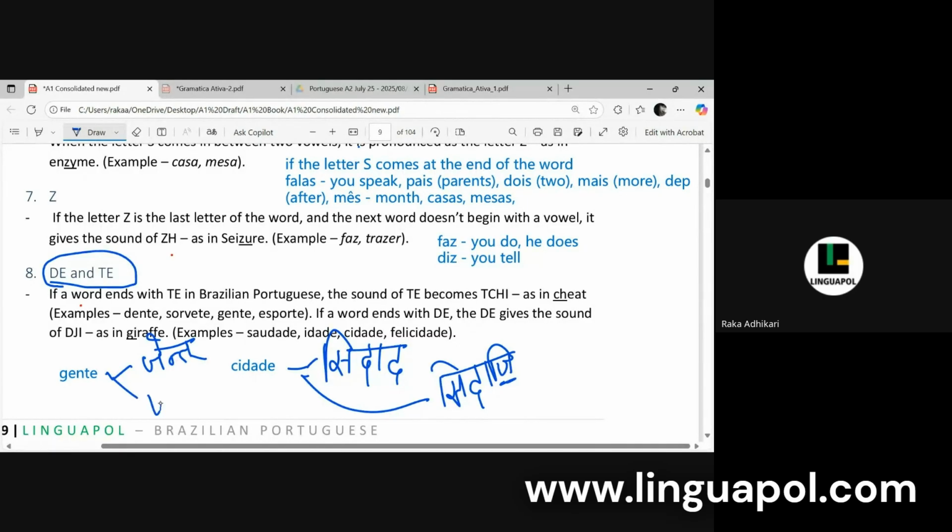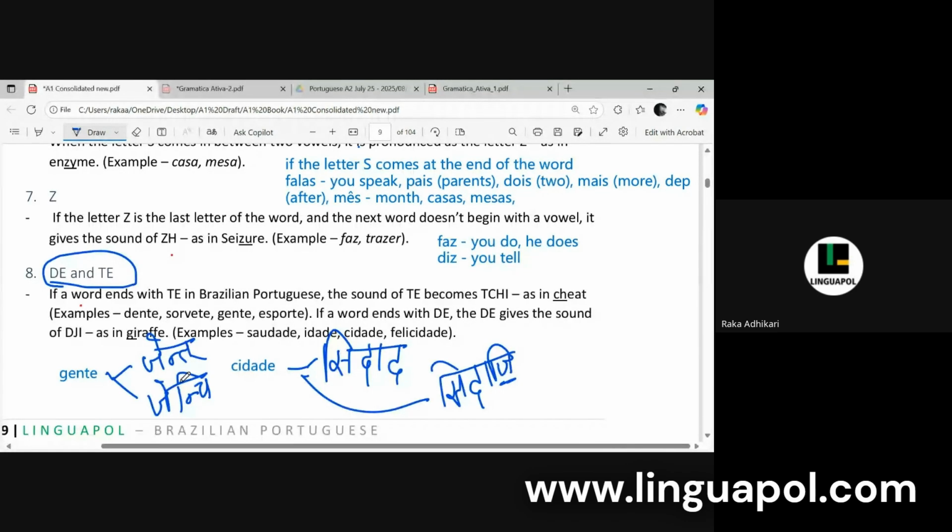In Brazilian, it is genchi. So we can see that the combination of TE and DE, when it comes at the end of the word, this part is very important, only when it comes at the end of the word, not in the beginning, not in the middle of the word, then it changes its sound to chi and ji. For TE, we give it a sound of chi, and for DE, we give it a sound of ji.